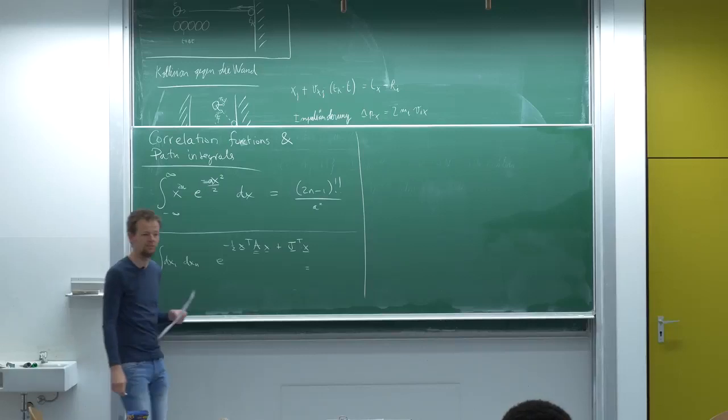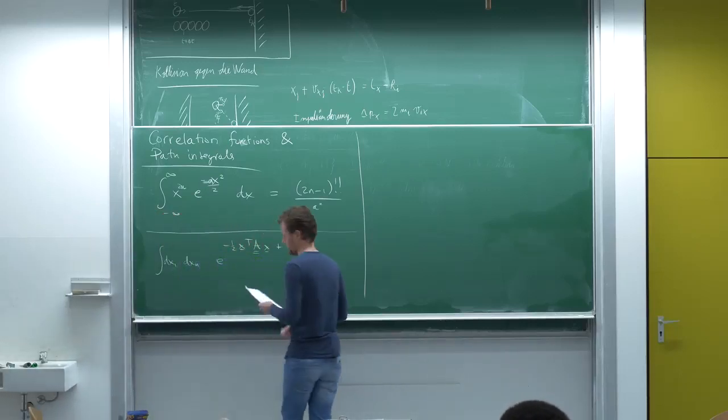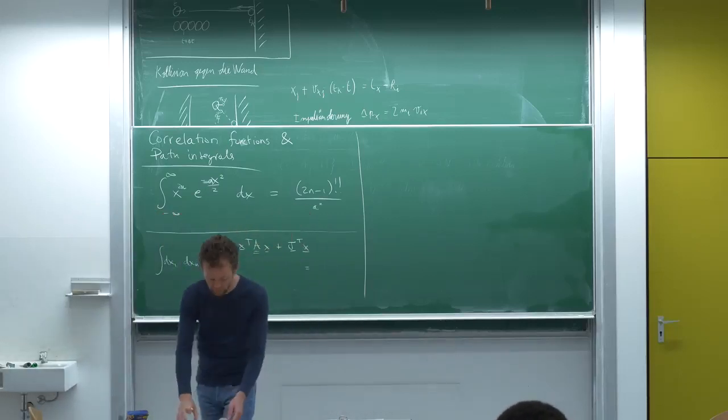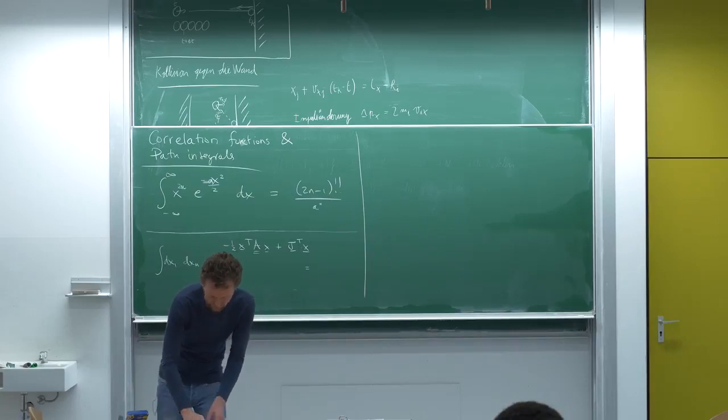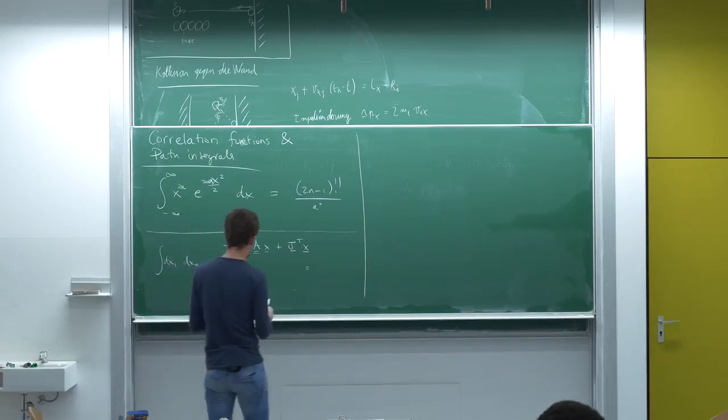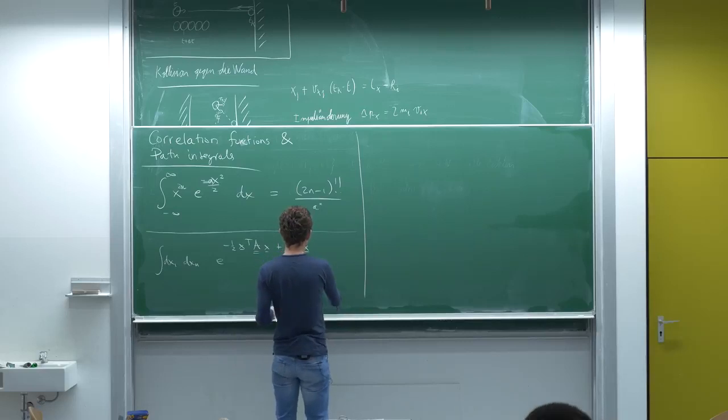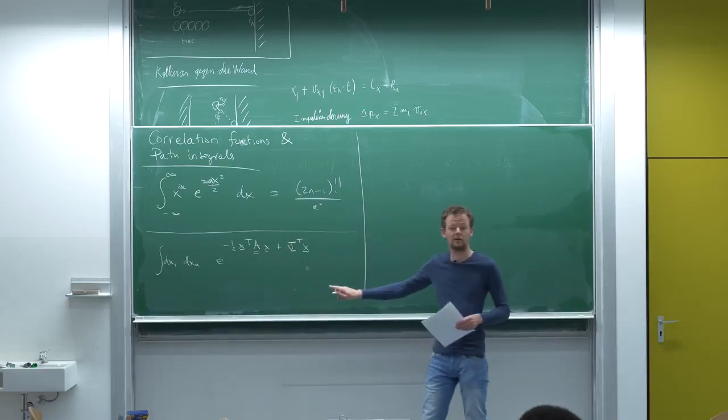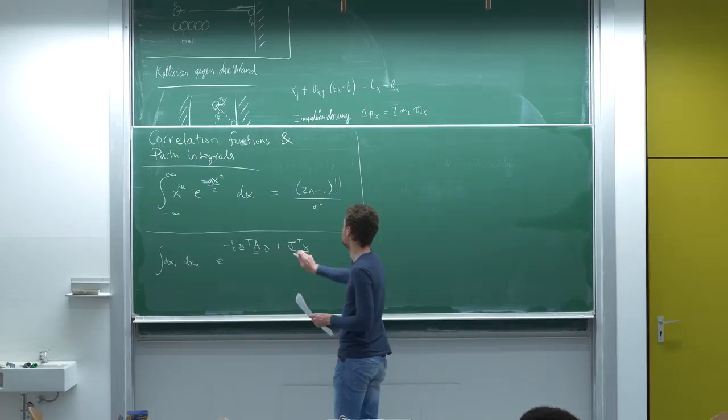And you all managed to prove, I'm convinced, that this integral here has a very beautiful expression in terms of the determinant of the matrix A and a quadratic form involving J.